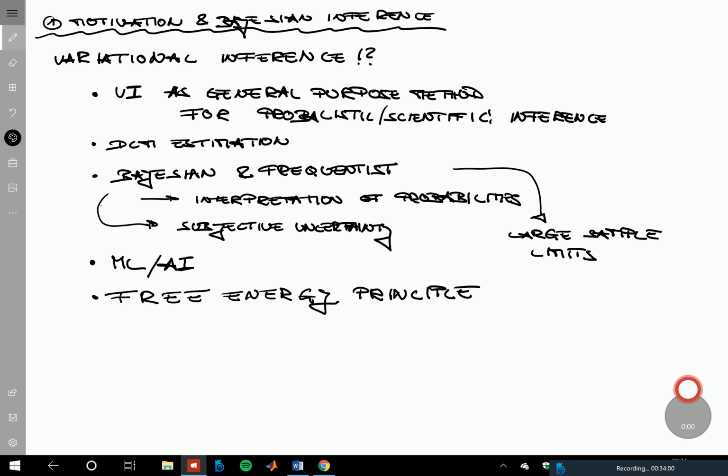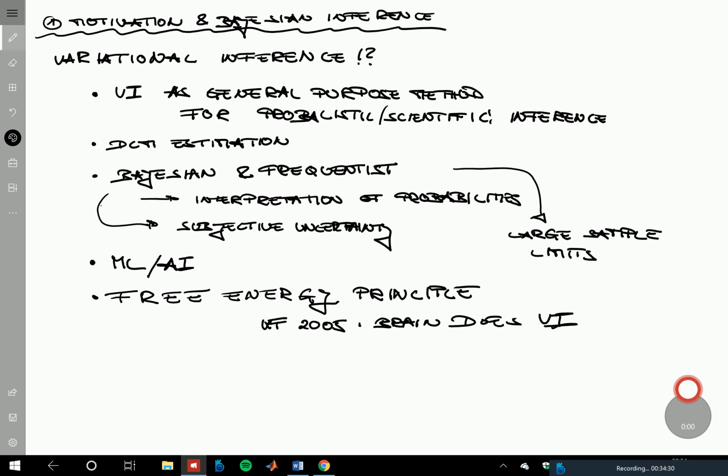So they talked a bit, and then Carl Friston in 2005 decided the brain does variational inference, or at least that's what he decided to be the theory, and that's the free energy principle.